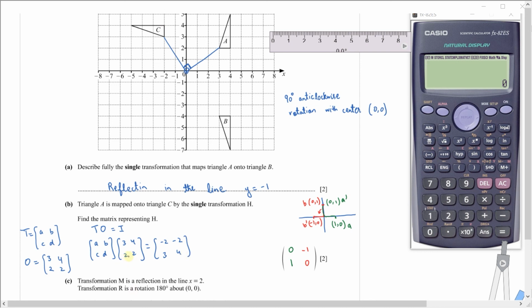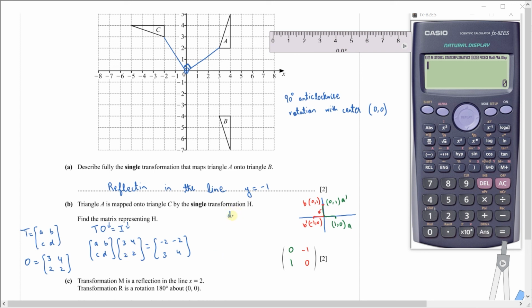So now I can find this transformation matrix T if I multiply with the inverse of O on this side and the inverse of O on this side. This O will cancel out and my T will equal I times O inverse. So O is this, and I need to find the inverse of this matrix.